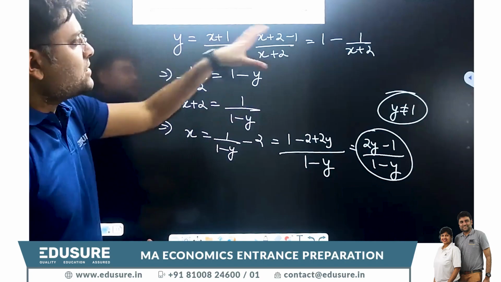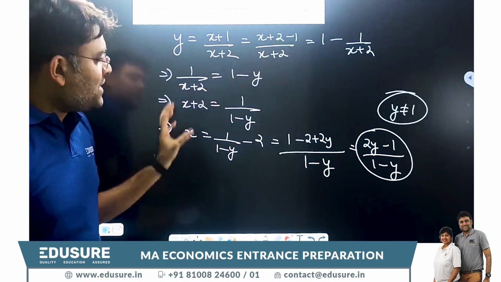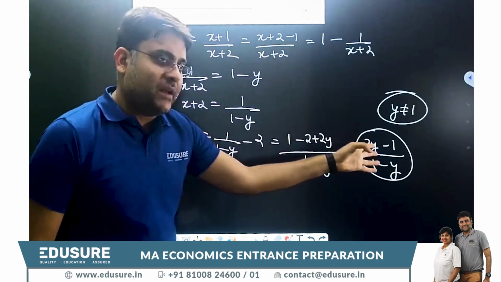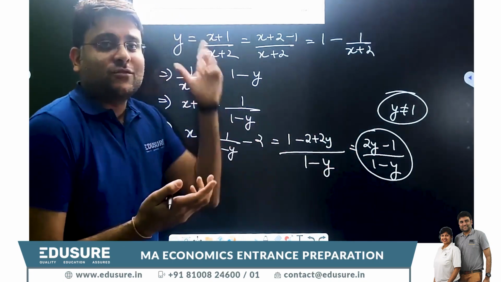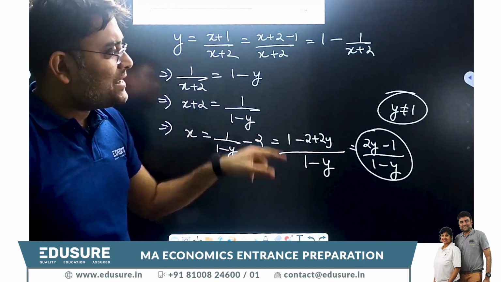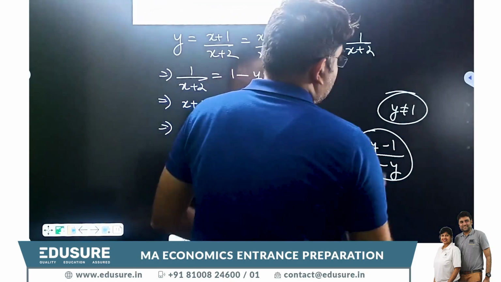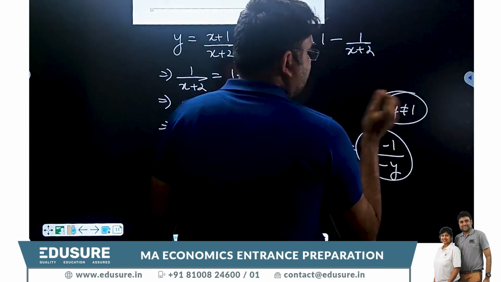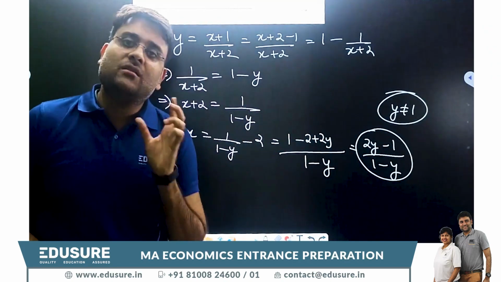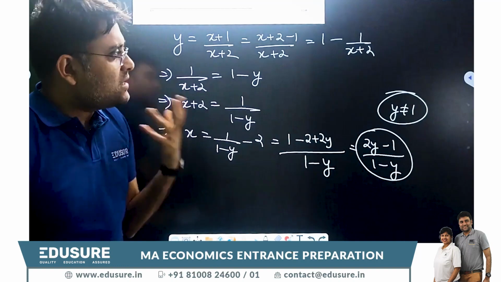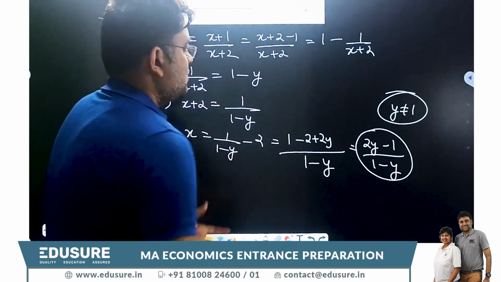I had y in terms of x. I write down x in terms of y and find out the domain for this. If I find out the domain for this, I'll get the range of the original function. So here I see that y cannot be equal to 1. Therefore, y not equal to 1 means that the range does not contain the value 1. That means the range cannot be equal to the codomain.